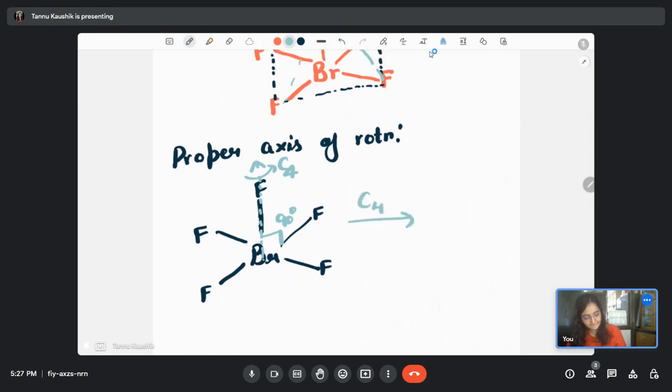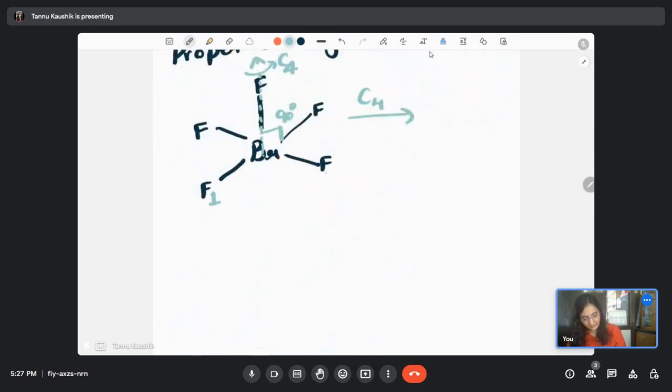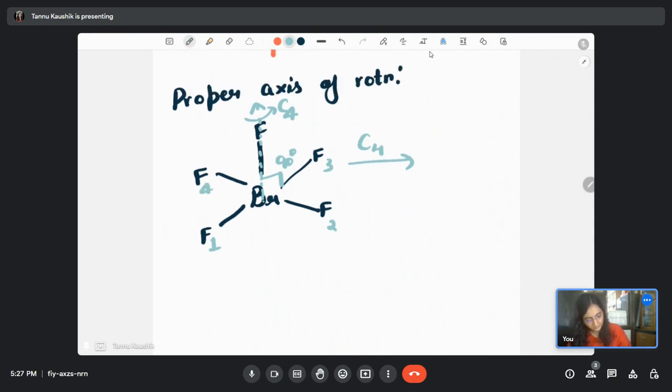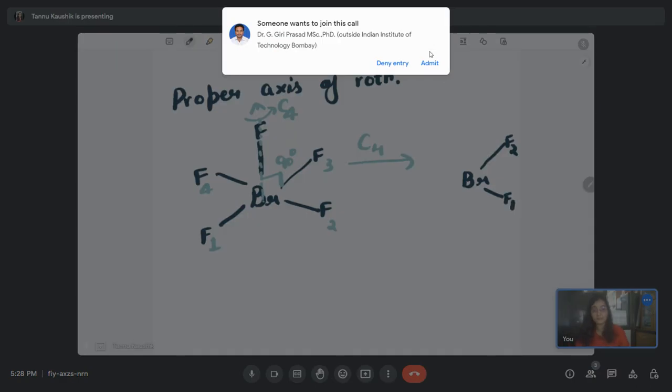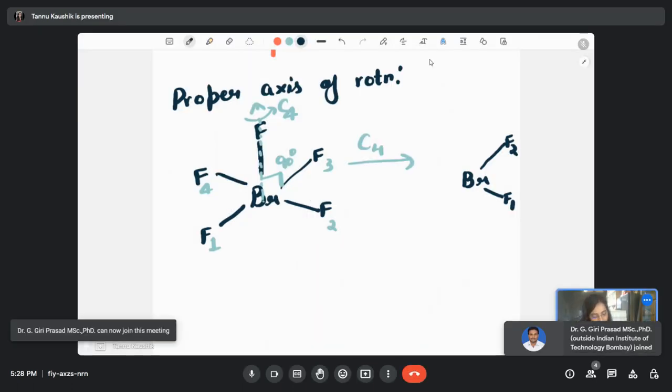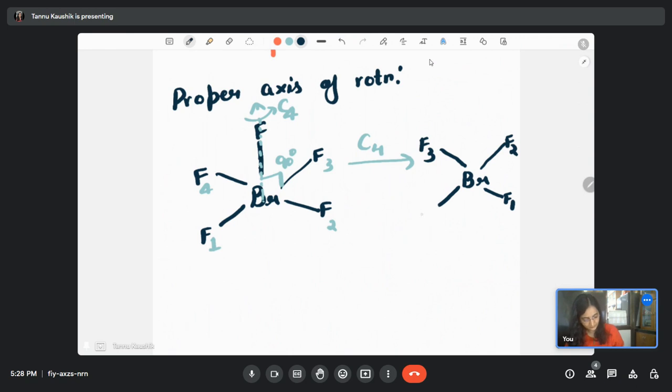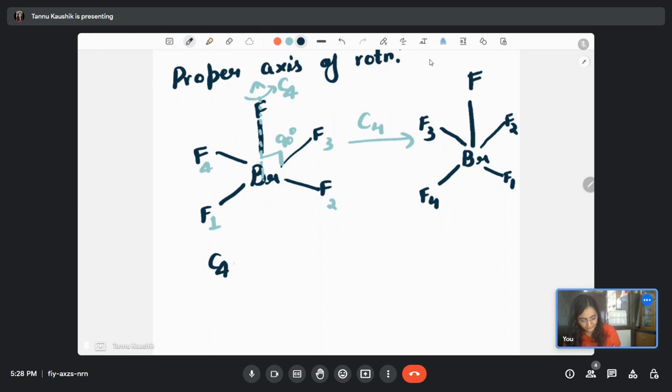So if we rotate them by 90 degrees with respect to each other, the configuration we will get is this, so we got an equivalent configuration here. So we have a C4 axis of rotation.